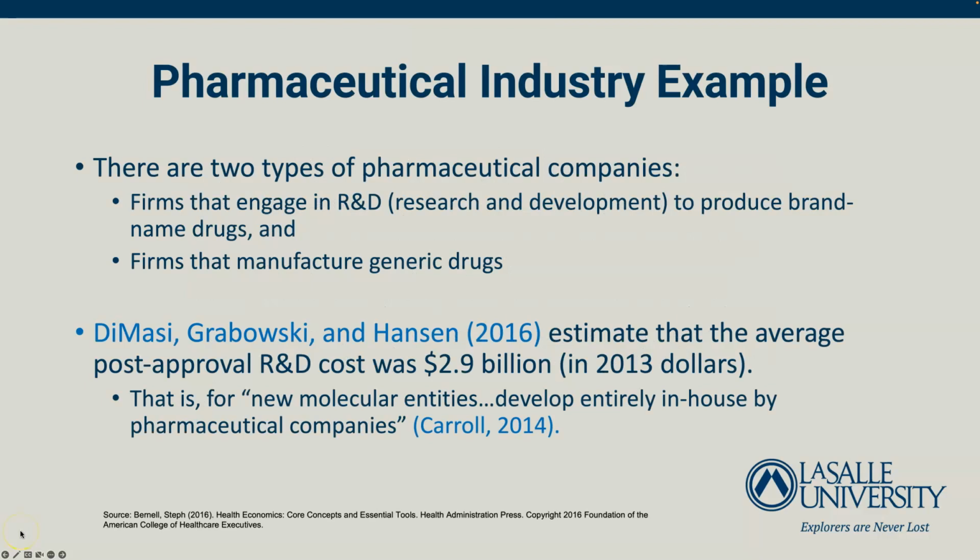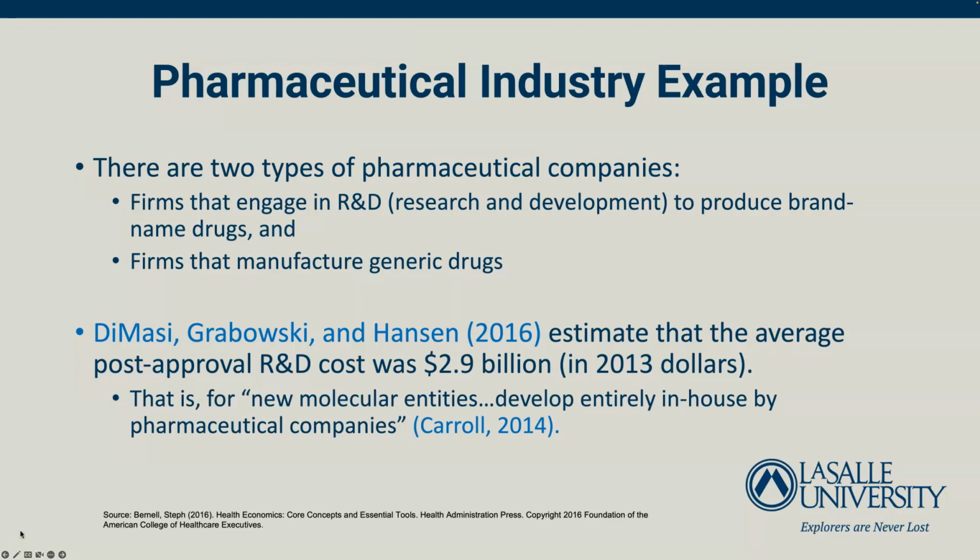In essence, there are two types of pharmaceutical companies, and in practice might have pharmaceutical companies doing both. We have firms that engage in research and development to produce brand name drugs, and firms that manufacture generic drugs.